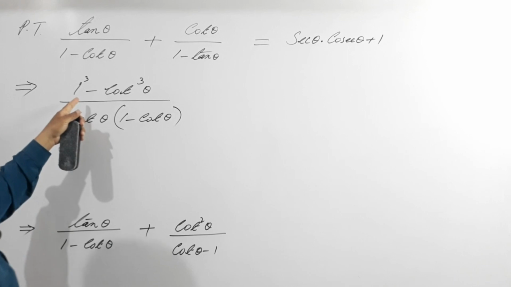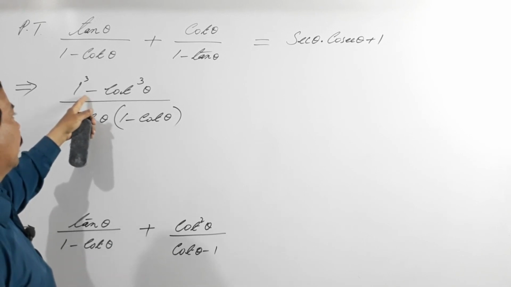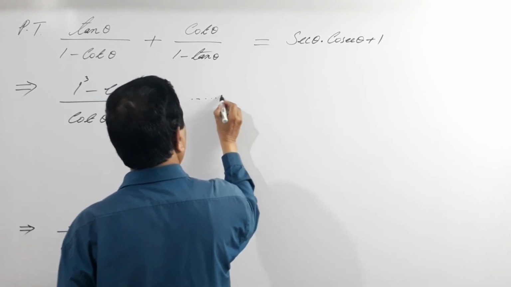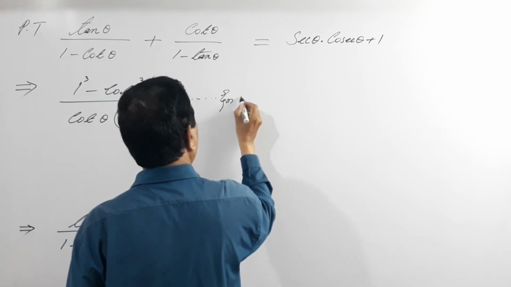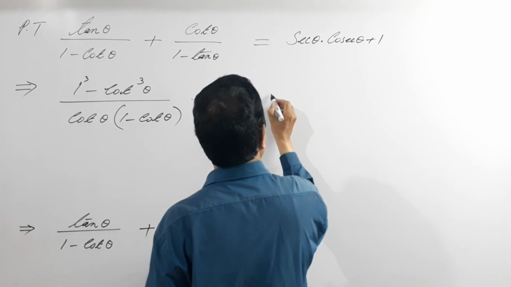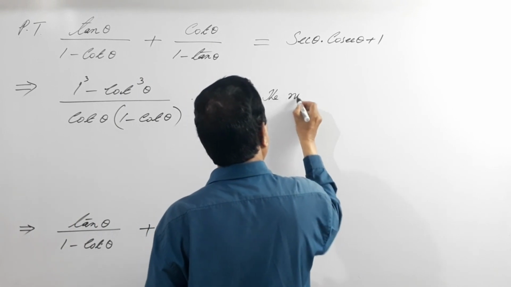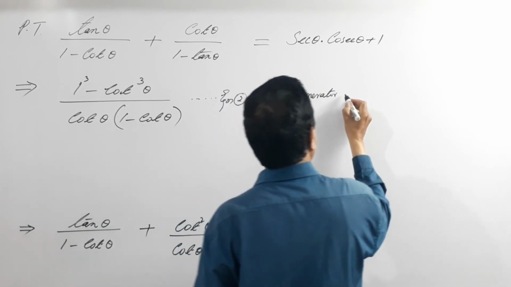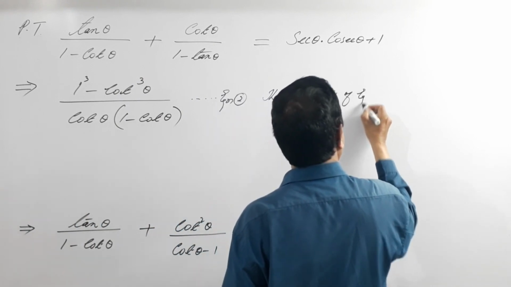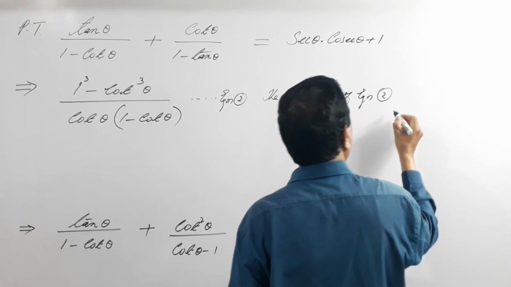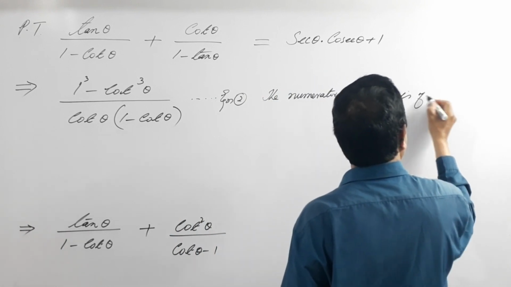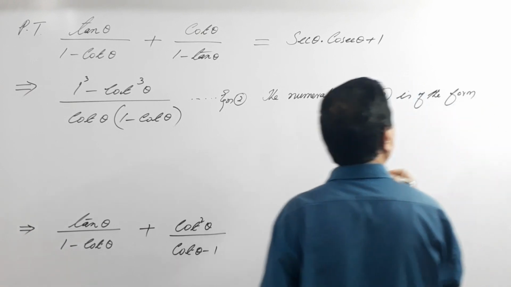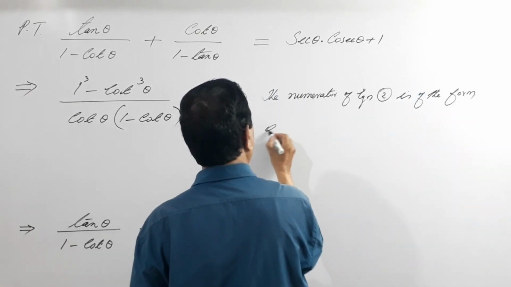Watch this numerator, it is a cube minus b cube. I'll write this equation. The numerator of equation 2 is of the form what?